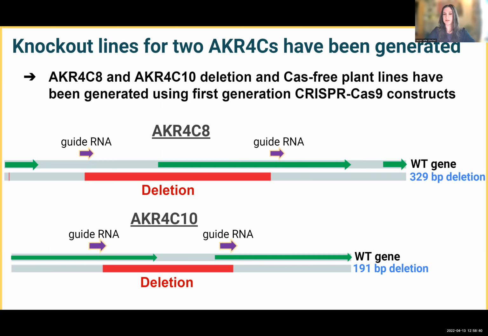So when we examine these plants for phenotypes, we are seeing hopefully just the effects of losing these specific genes. They have been backcrossed and are being prepped to have additional CRISPR constructs integrated to induce deletions and knockouts in each of the other 2 AKR4C genes, C9 and C11.